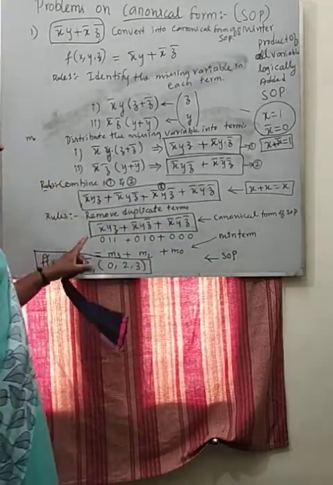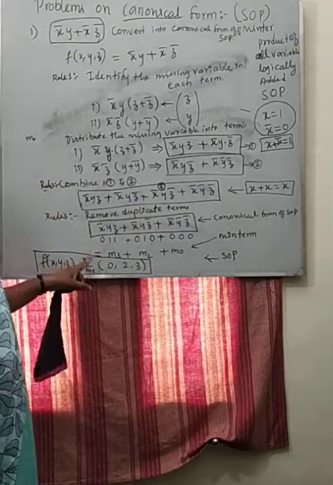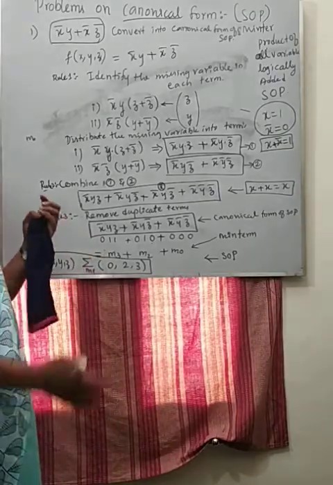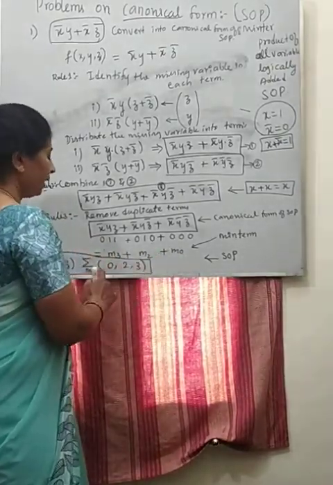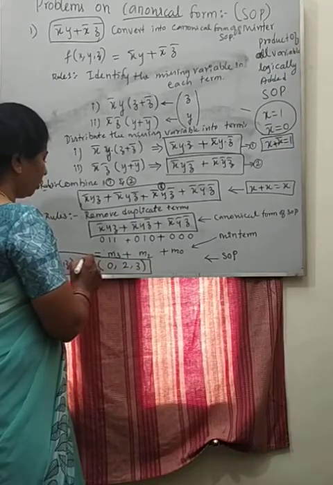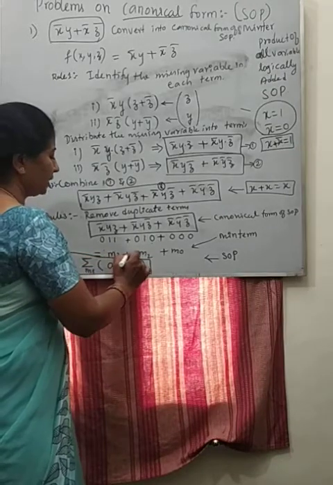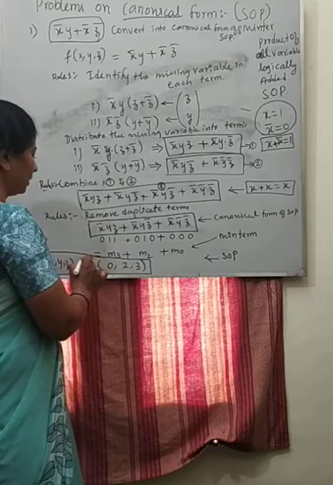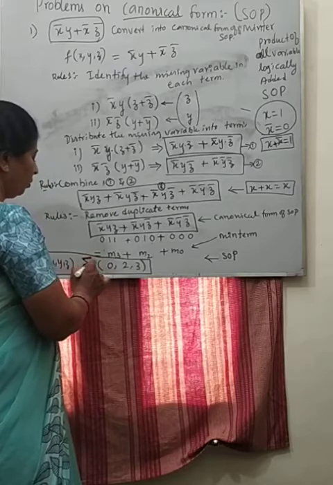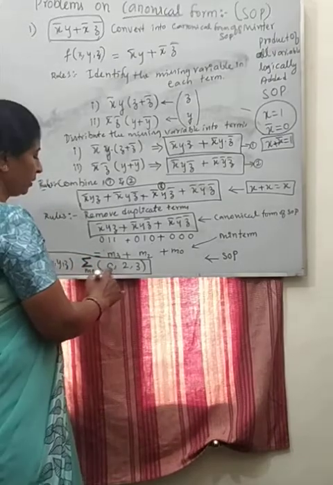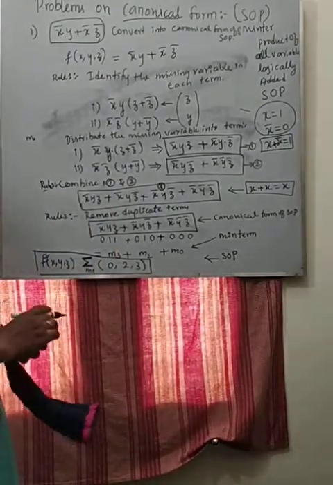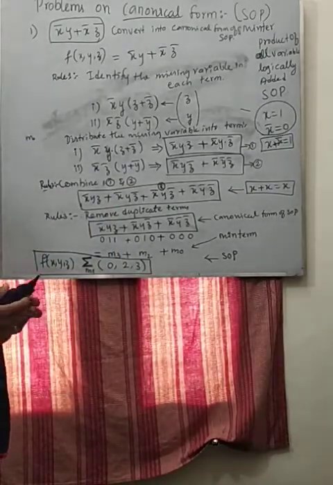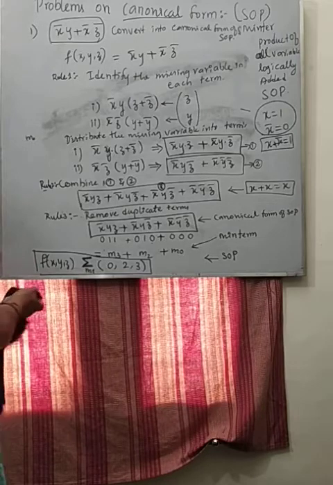That one you write in the min term format. How can I write the min term format? Using your finger computer, write the m terms. Then sum of, that means plus is compulsory, right? Plus means sum of what? Min terms 0, 2, 3. This is your canonical form conversion. Shall we move to the next problem?